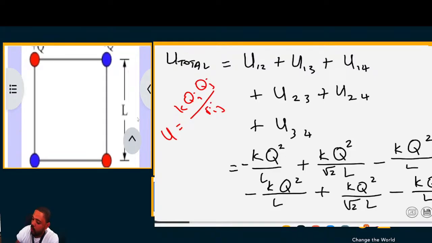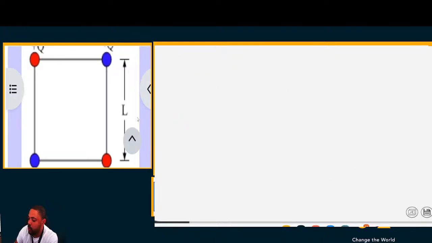Now we just need to take out a common factor, which in this case is K Q squared over L. You can pause here and take it out yourself. I'm going to take out K Q squared over L as the common factor.